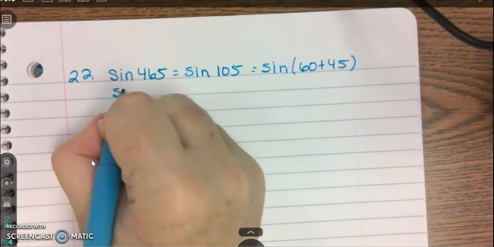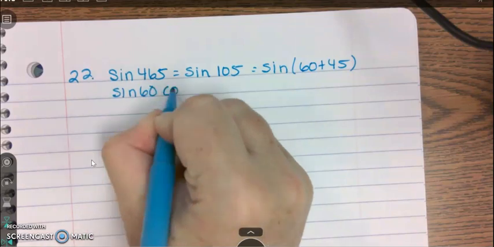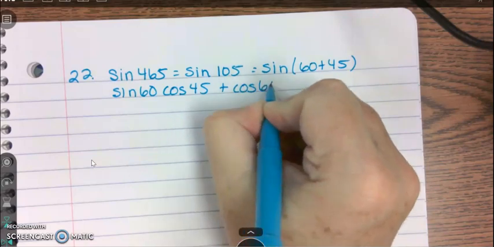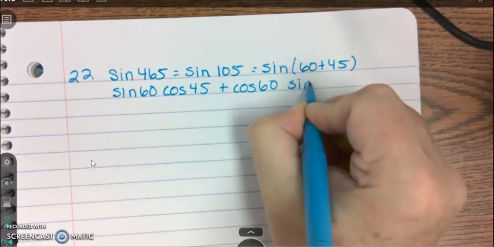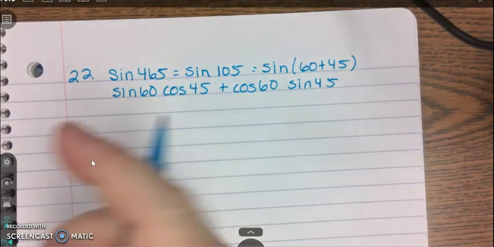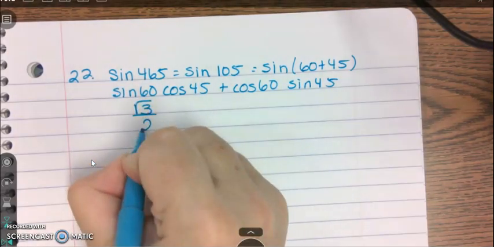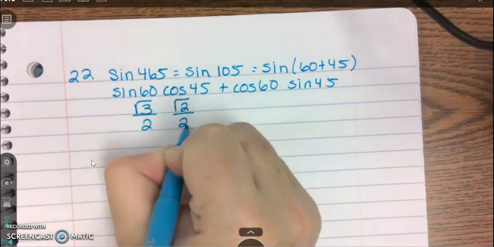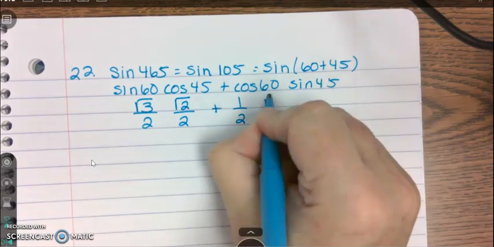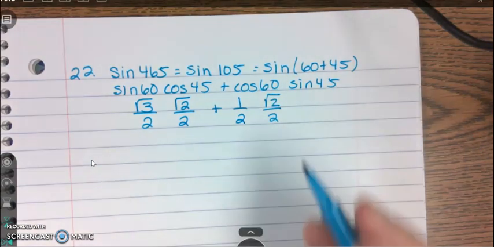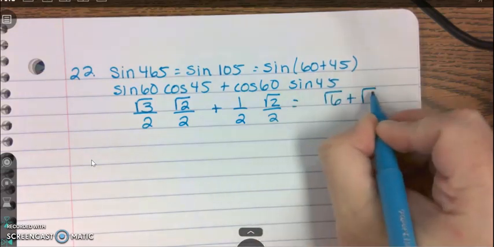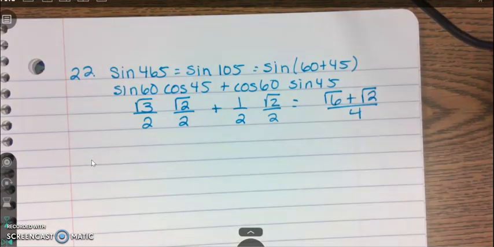So this will be sine, cosine, cosine, sine. Okay, and then we just read the unit circle. So sine of 60, square root 3 over 2, sine of 45, square root 2 over 2. 1/2 for cosine of 60 and square root 2 over 2. To save some paper, I get the square root of 6 plus the square root of 2 all over 4.